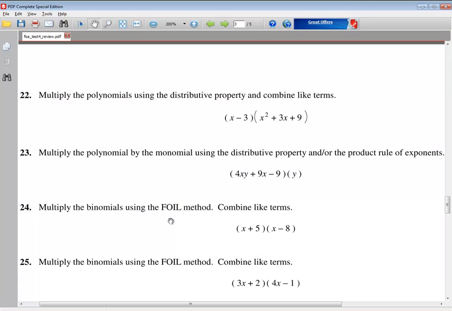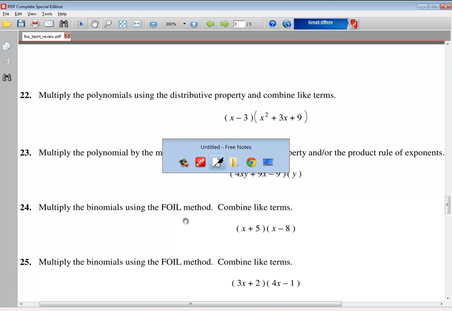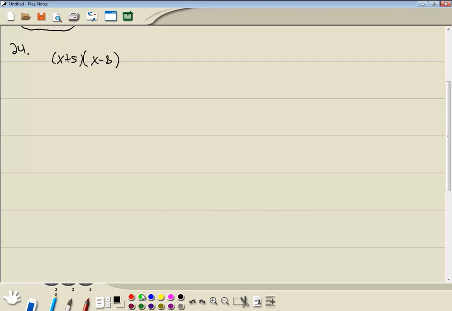Now it tells us to multiply the binomials using the FOIL method and combine like terms. Really, there's not much difference between that and what we've been doing. We've got two terms and two terms, and the only time you can actually FOIL it is when you've got two terms times two terms. I'm going to take my first term here, which is the x, and I'll multiply it times the first term over here and times the second term. Let me go ahead and write that down.